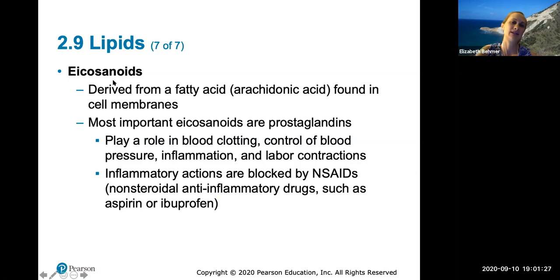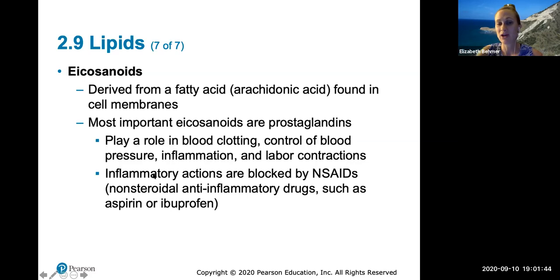Icosanoids, I think you can say it a couple different ways. They're derived from a fatty acid found in cell membranes. The most important type of them are prostaglandins, and they are important in blood clotting, the control of blood pressure, inflammation, and labor contractions.